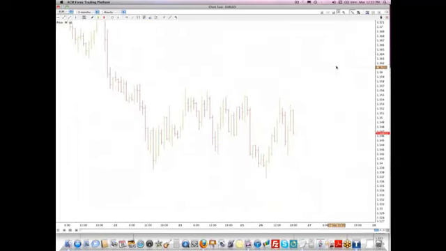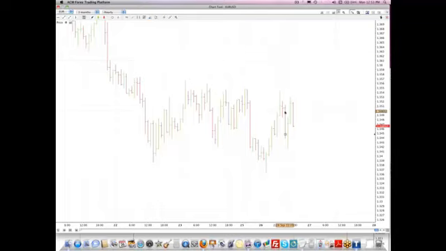So what we want to do is, from this point, go to the left to the last time it traded at the same price or higher, and we'd find this point. Well, what's the lowest point in between this supply point and this supply point? Well, it's this demand point right down here.